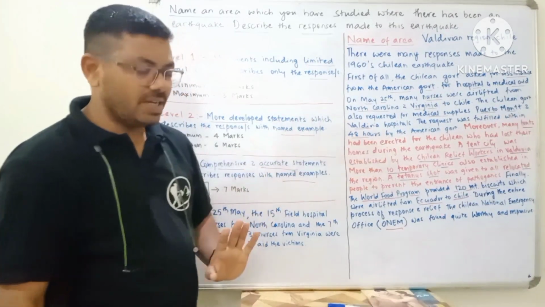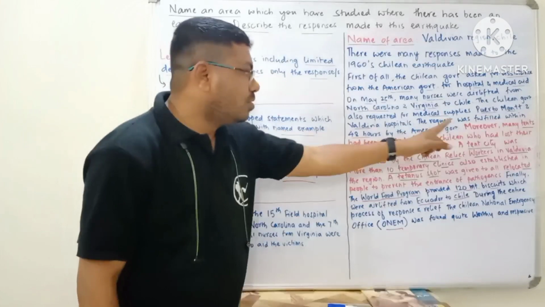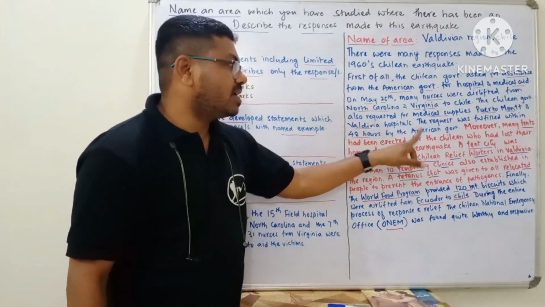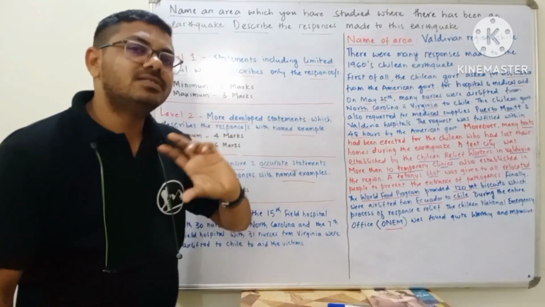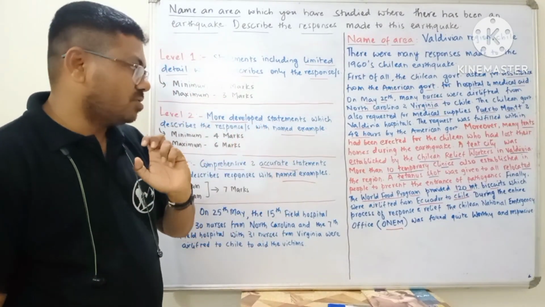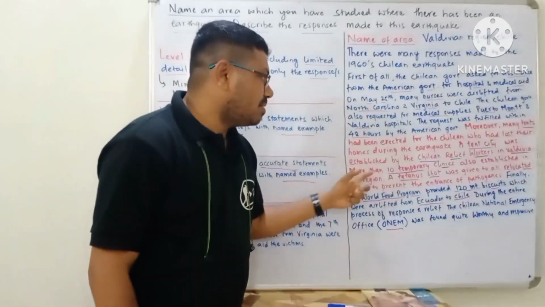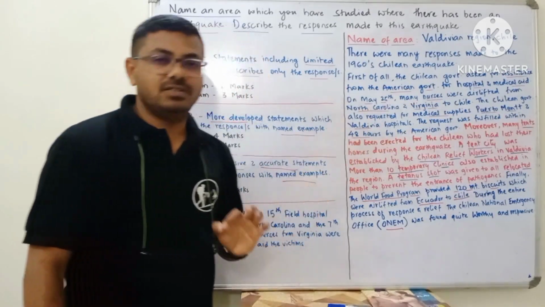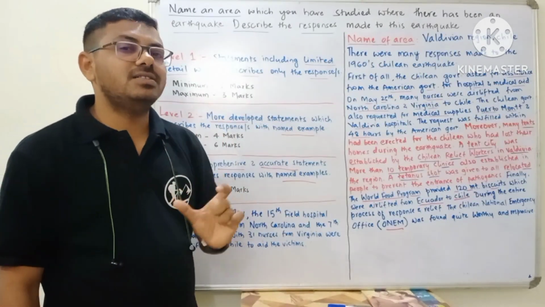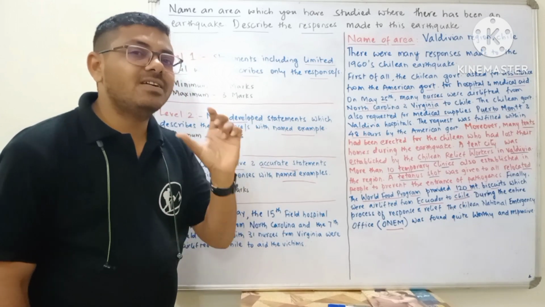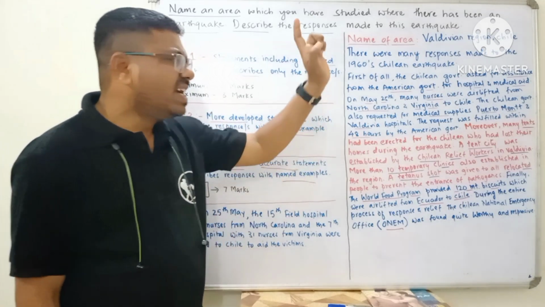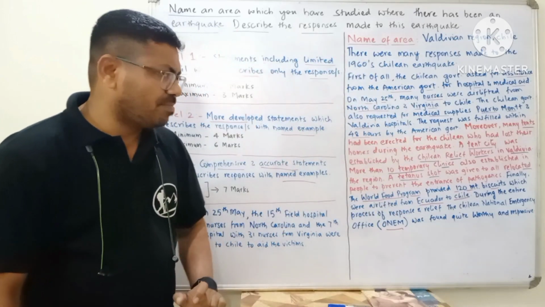Okay, what is accurate over here? It is saying that moreover many tents had been erected for the children who had lost their homes during the earthquake. This is the description of the response. A tent city was established by the Chilean relief workers. Chilean relief workers are a force working in Chile. It is a named example. Tent city is a named example.